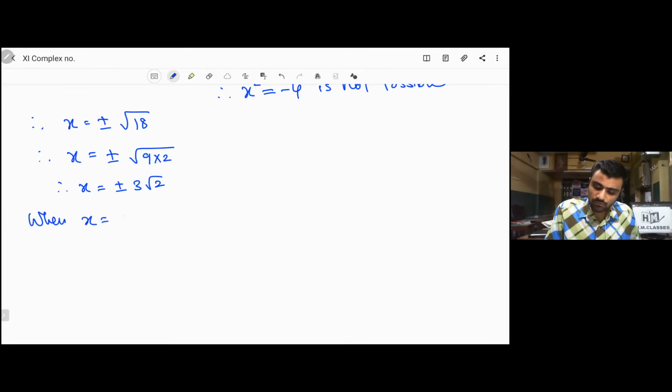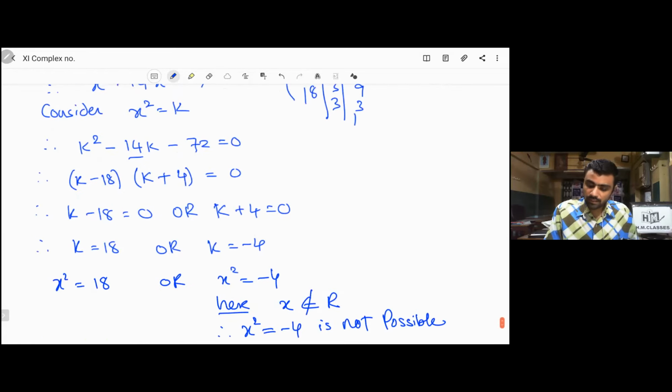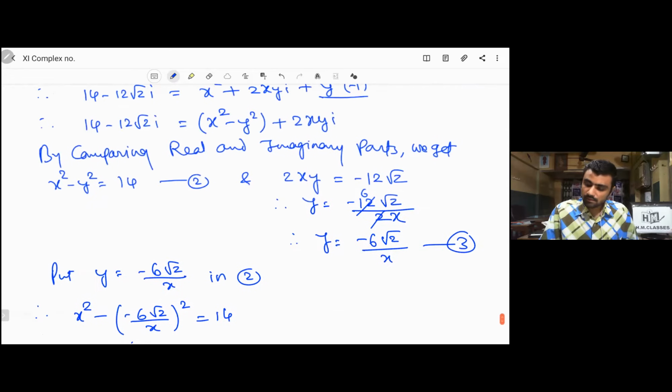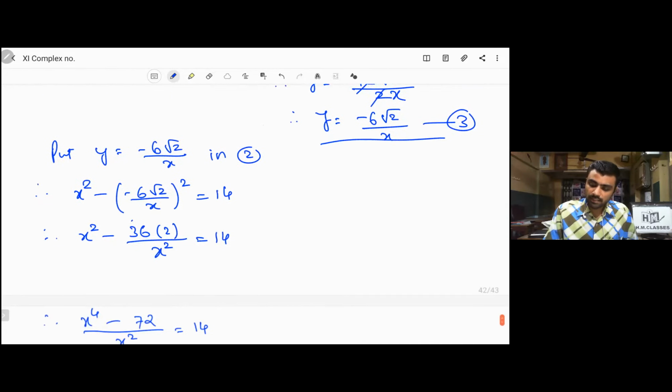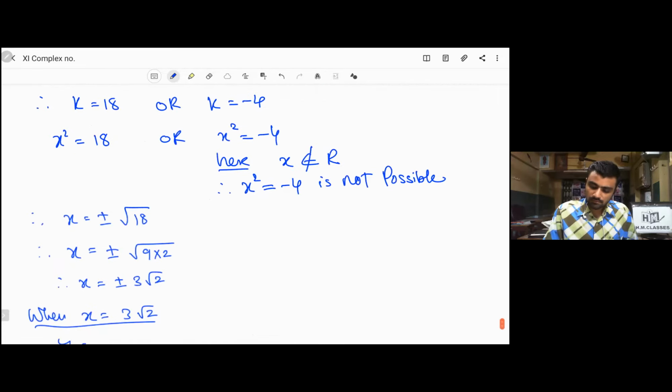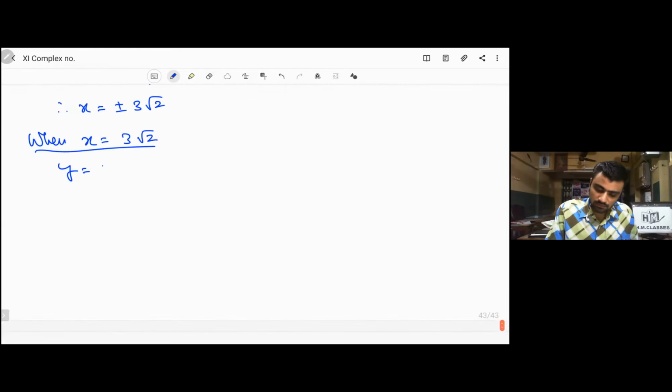Now when x is equals to 3 root 2, y is equals to, हमारे पास y का equation ready है, that is from third, that is minus 6 root 2 upon x. Therefore, minus 6 root 2 upon 3 root 2.